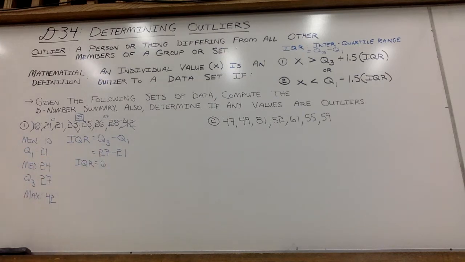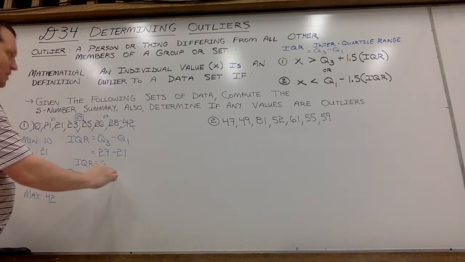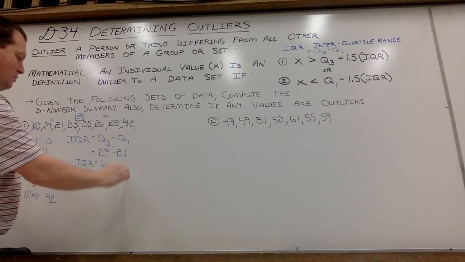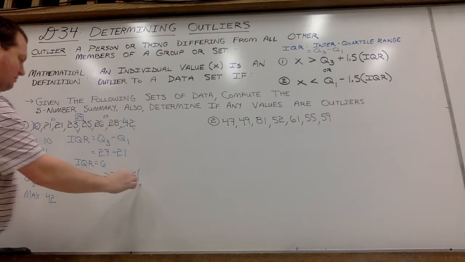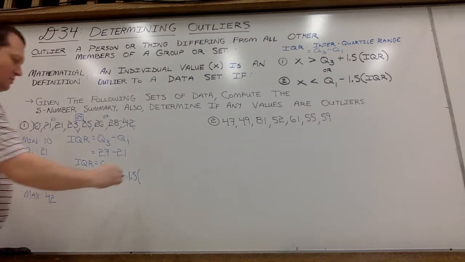Okay, so now I need to see, are there any values that are greater than Q3, which is 27, plus 1.5 times my IQR, which is 6.